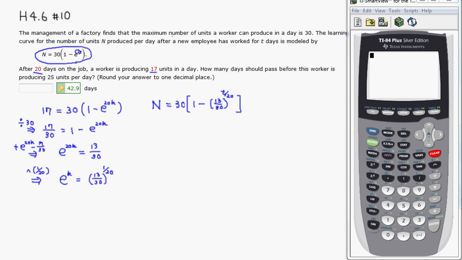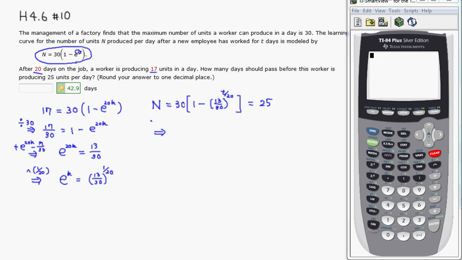Now, how many days, so we are looking for t, should pass before this worker is producing 20 units per day. So n is going to be equal to 20, and we want to find the corresponding t value. So we set this equal to 25. Then as usual, try to strip off everything so that the t is isolated.